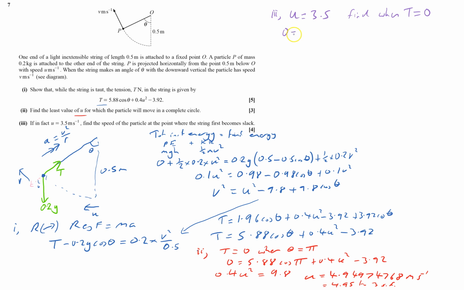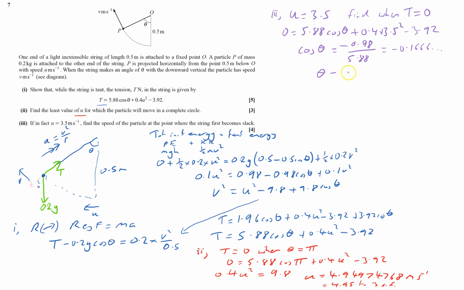So that gives me 0 equals 5.88 cos theta plus 0.4 times 3.5 squared, that's the u bit, minus 3.92, and that gives me that cos theta equals minus 0.98 over 5.88, which equals minus 0.1666, etc.